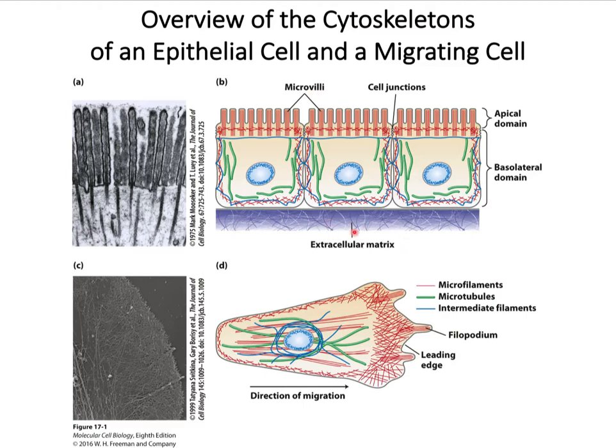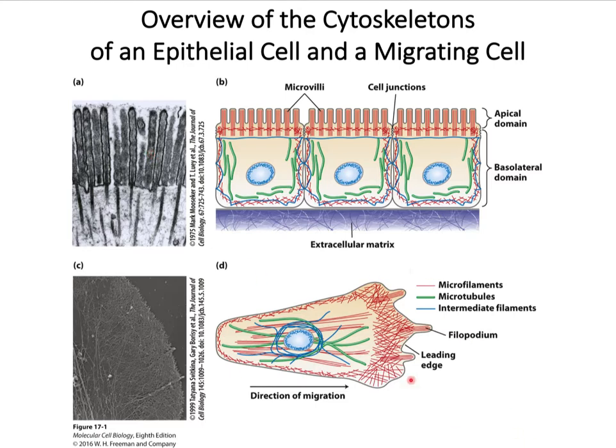So the highly polarized intestinal cell structure with distinct apical and basolateral domains is supported by the cytoskeleton. Core bundles of actin microfilaments provide the support of the intestinal apical cell microvilli right here. You can see that on the transmission electron micrograph on the top right. These are the microvilli and the actins, or the microfilaments, that you can see.